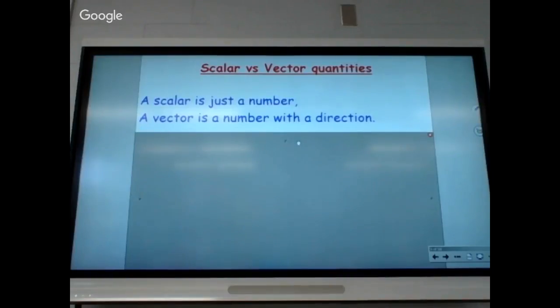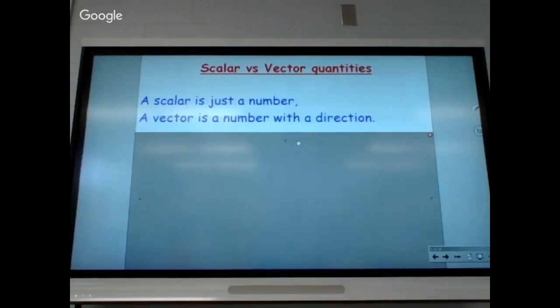Okay? So, if a scalar is just a number, and a vector has a number with direction, the 4 things we're going to learn to calculate, only one of them is just a number. 3 of them are actually going to be vectors.